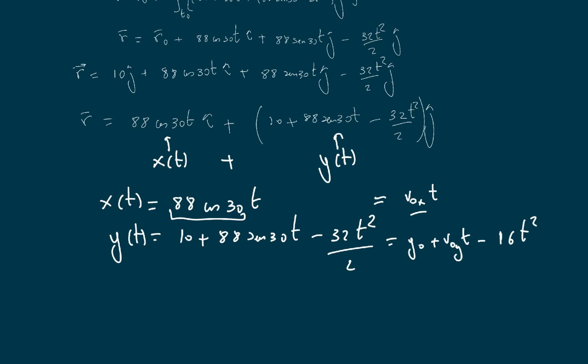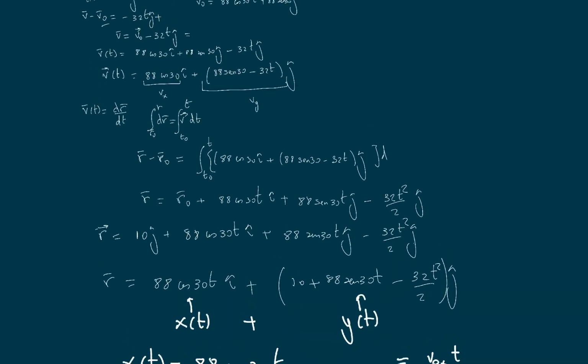Minus a divided by 2, where a is 32, 32 divided by 2, t squared. So we have done the problem.